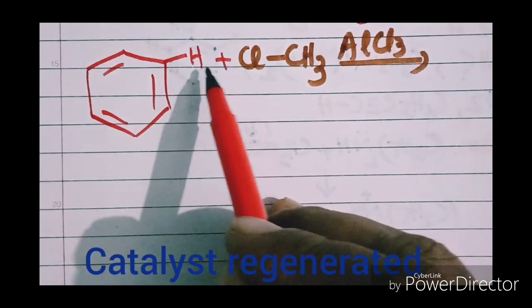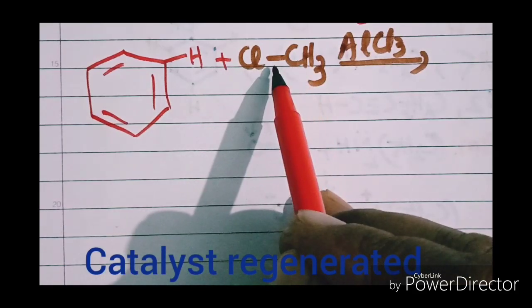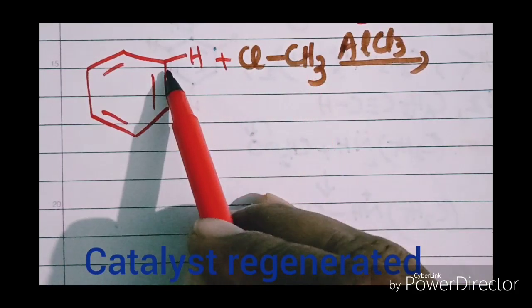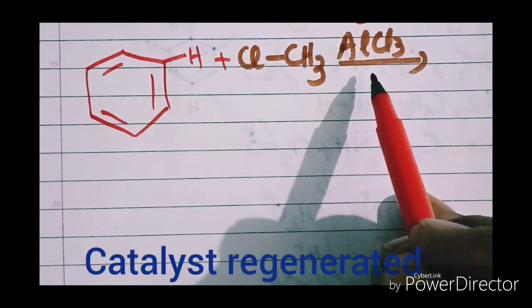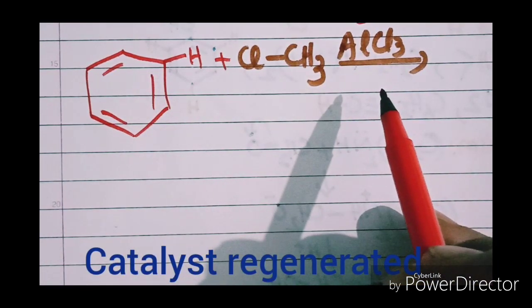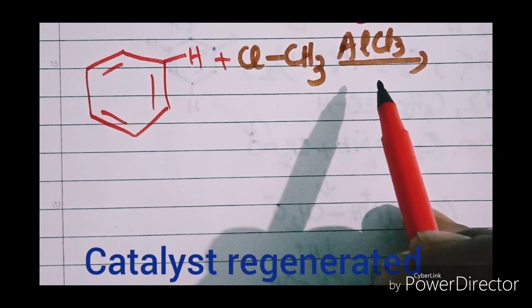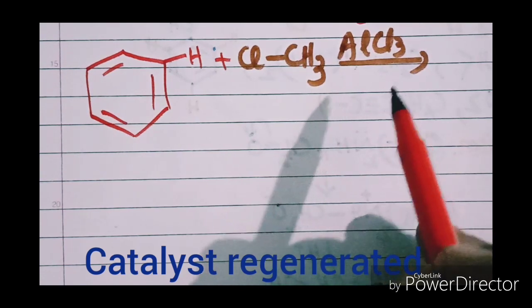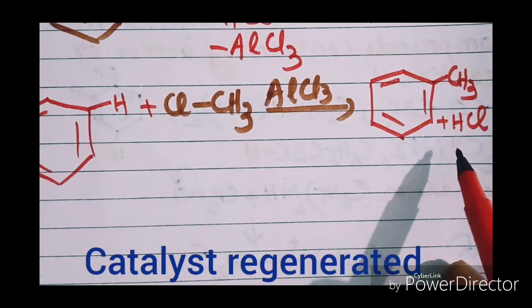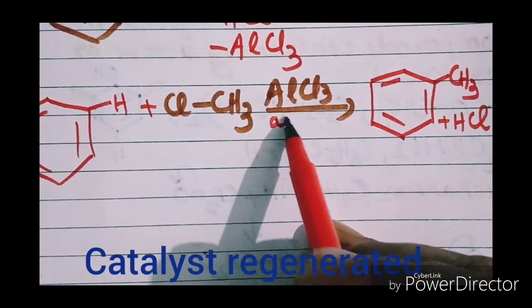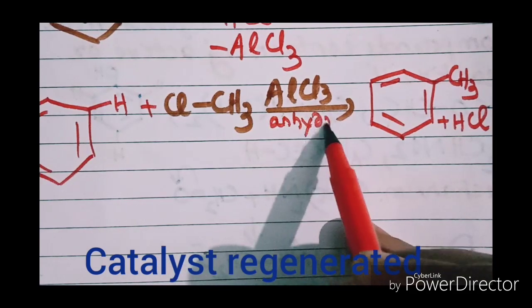This H will take this Cl from methyl chloride, and this CH3 will be connected to this carbon. AlCl3 is the halogen carrier, and the products are toluene and HCl, and this is anhydrous aluminum chloride.